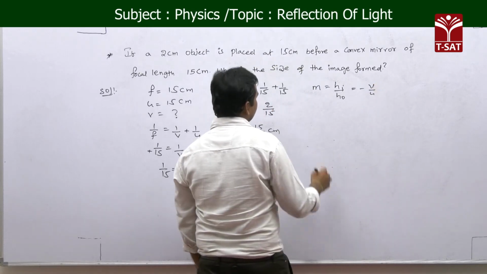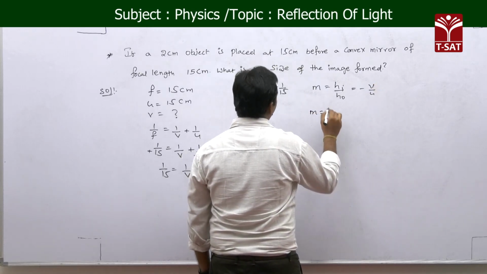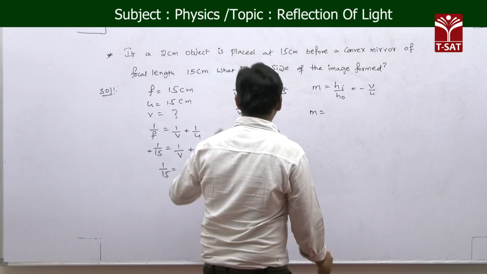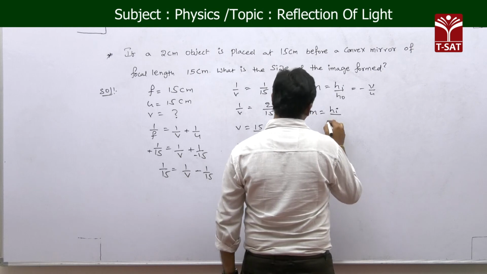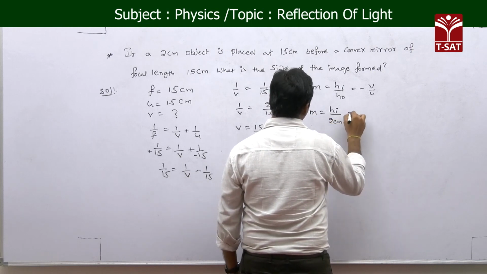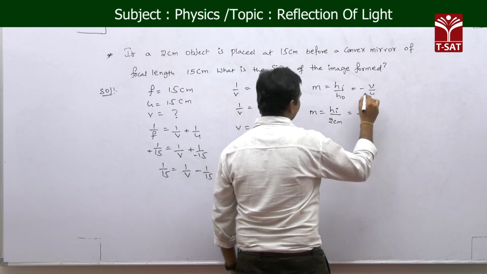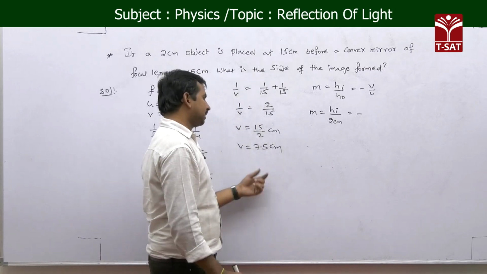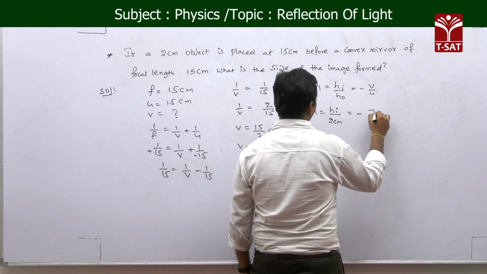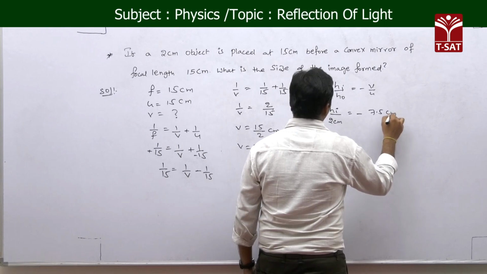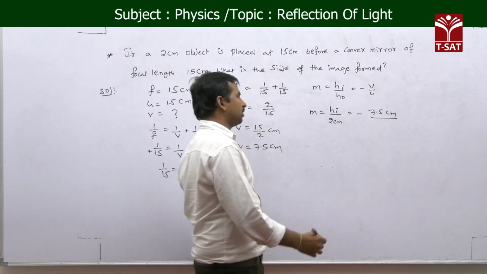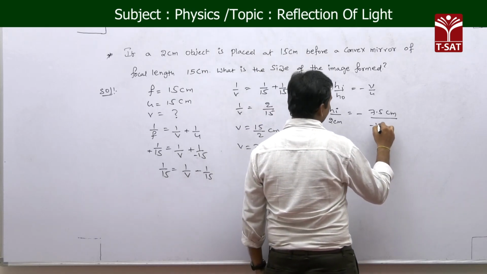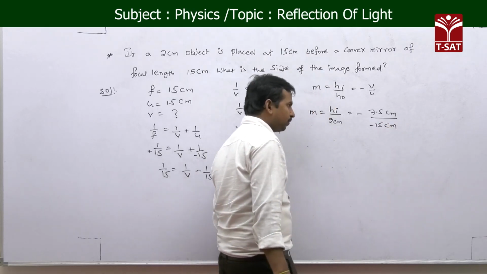Then m is equal to height of the image, which we don't know, we have to find that, by height of object, which is already given as 2 centimeters, is equal to minus of image distance we got, 7.5 centimeters, by object distance, which is given as 15 centimeters there. Then if you apply sign convention, it becomes minus 15.